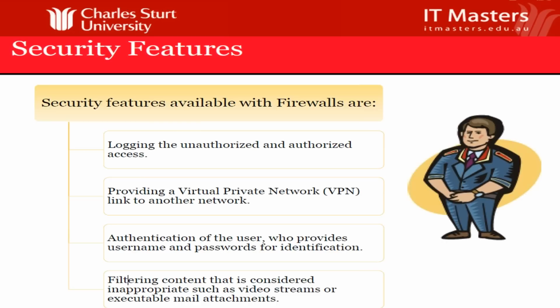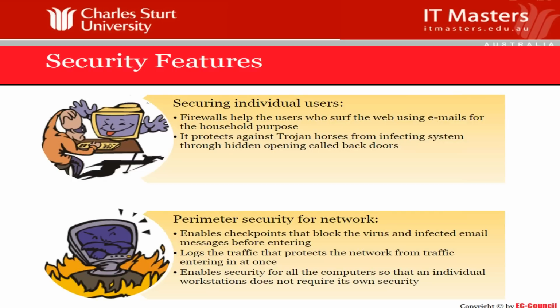A firewall's main job is to filter content that is considered inappropriate, such as videos, or executable mail attachments. So this will help you to get protected. A firewall can help you to secure individual users who surf the web, or email, or are usually keen to open any kind of attachments.